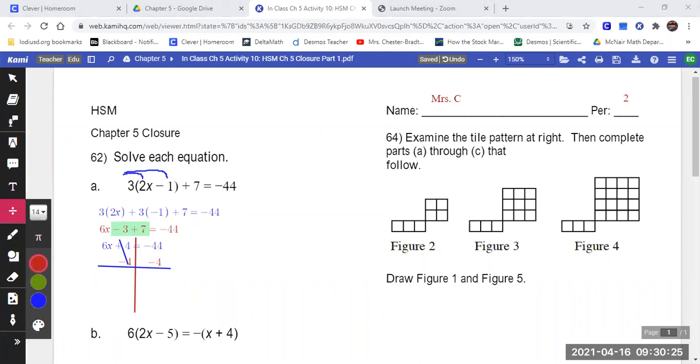Mm-hmm. 6x equals -48, because that's all that's left after we cancel that side. And then we do the math. Negative plus negative is just a bigger negative, -48, because they're same side.